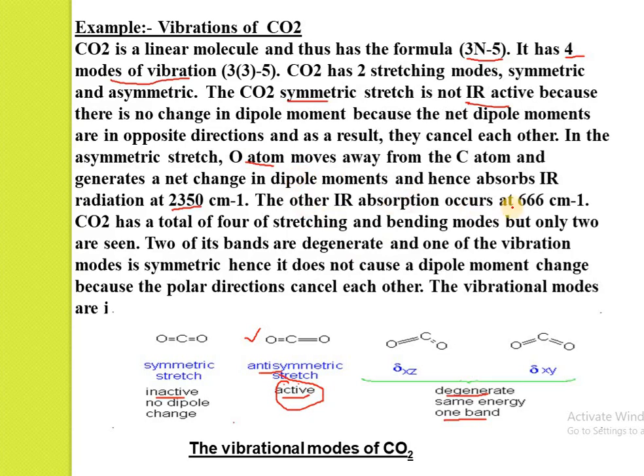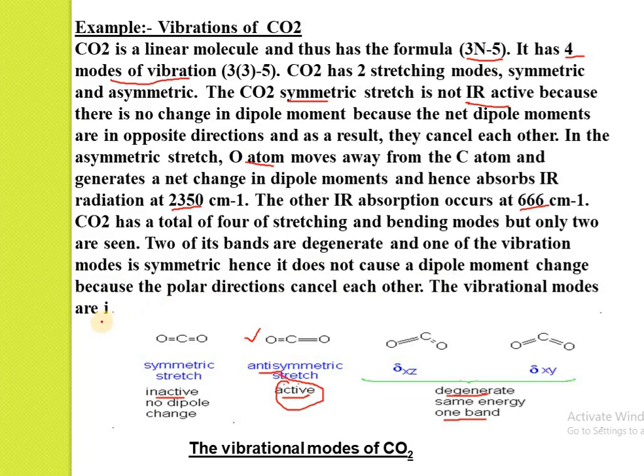The other IR absorption occurs at 666 centimeter inverse. Carbon dioxide has a total of 4 stretching and bending modes, but only 2 are seen, as 2 of its bands are degenerate and 1 vibration mode is symmetric. Hence it does not cause a dipole moment change because the polar directions cancel each other.